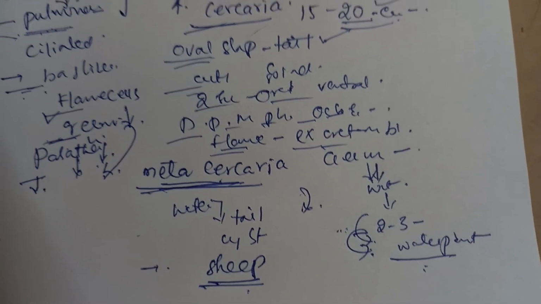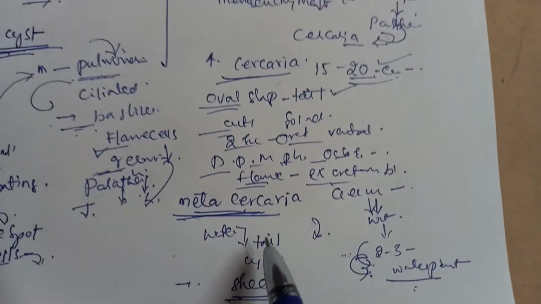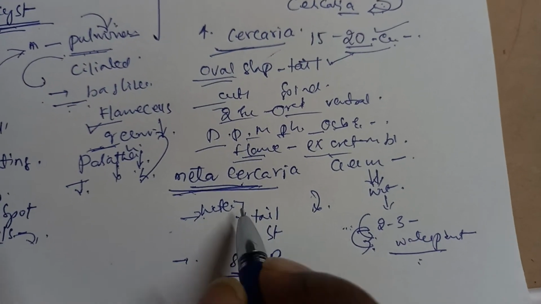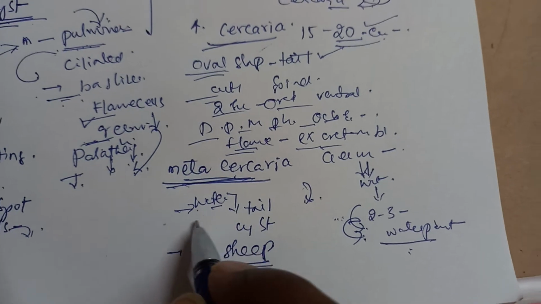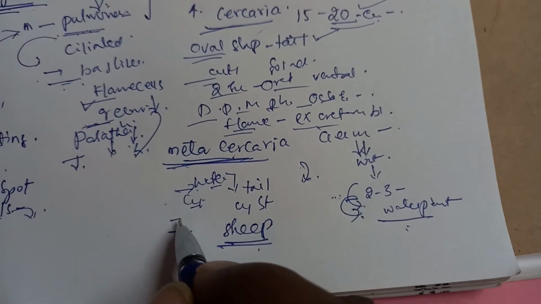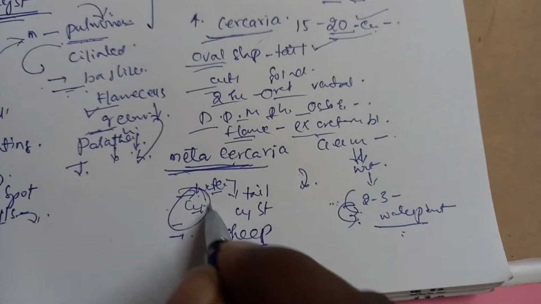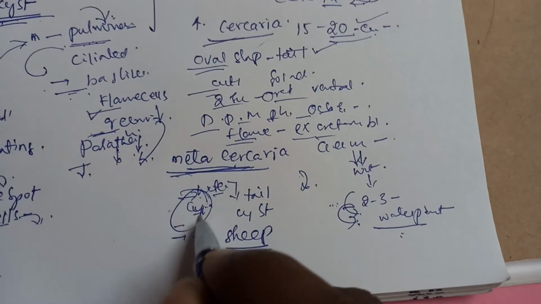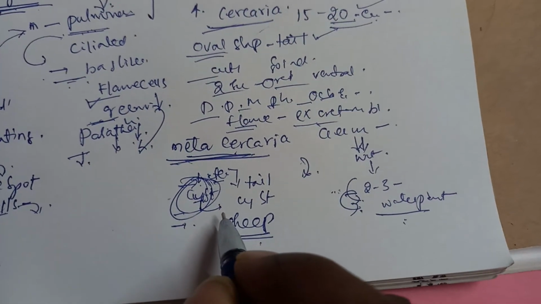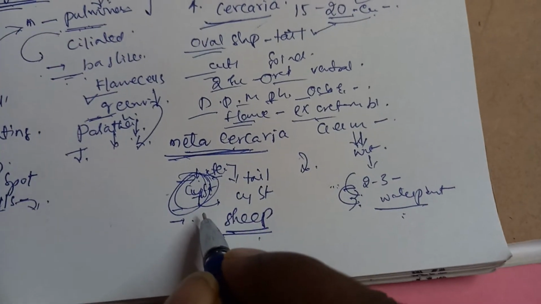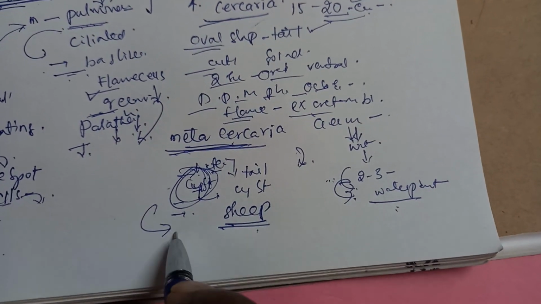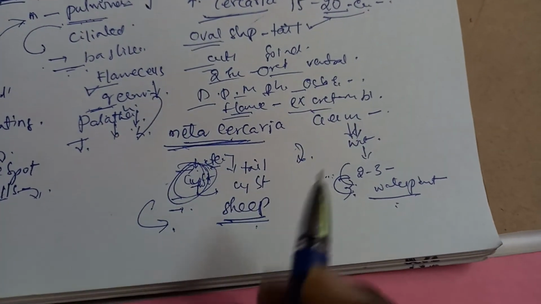And Metacercaria: this Cercaria larva, after attaching to the water plant, loses its tail and develops a cyst around itself. When this cyst is formed around the body, it's called Metacercaria. This stage can develop only when this Metacercaria enters into the sheep.